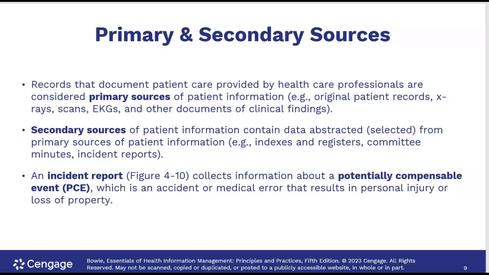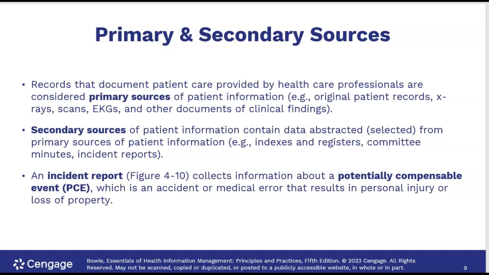And then incident reports. An incident report collects information about a potentially compensable event, which is a PCE, which is an accident or medical error that results in personal injury or loss of property. I'm sure everybody has had an incident report, whether it be health wise or non health wise. A couple examples: if you were at work and let's say you slipped because there was some water on the floor and you hurt your shoulder.